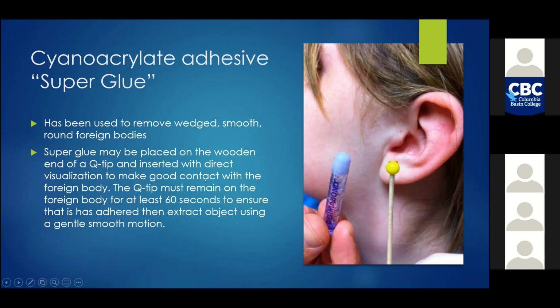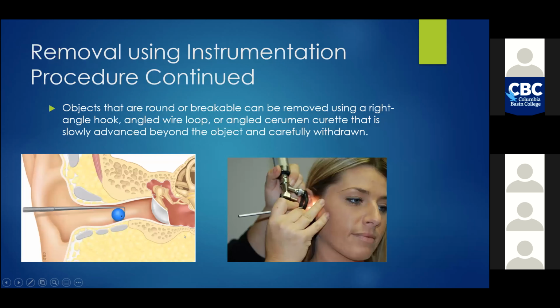As you put it to the foreign body, you want to wait at least 60 seconds to ensure that the glue has dried, and then you can extract the object using just a little gentle motion. And here is just the picture.